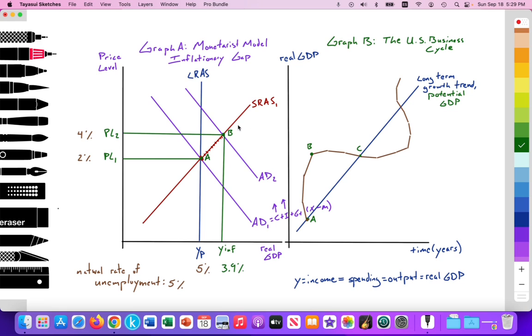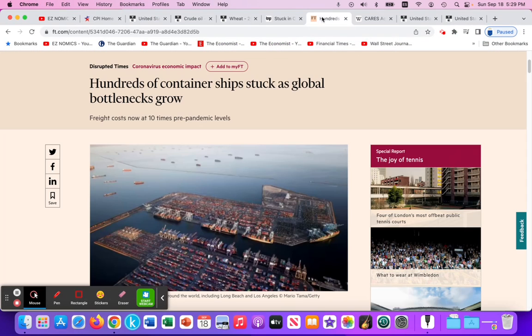In addition to that, we also have cost push inflation. We have the bottlenecks caused by the difficulty in manufacturing and other firms to ramp up production as we exit the pandemic.